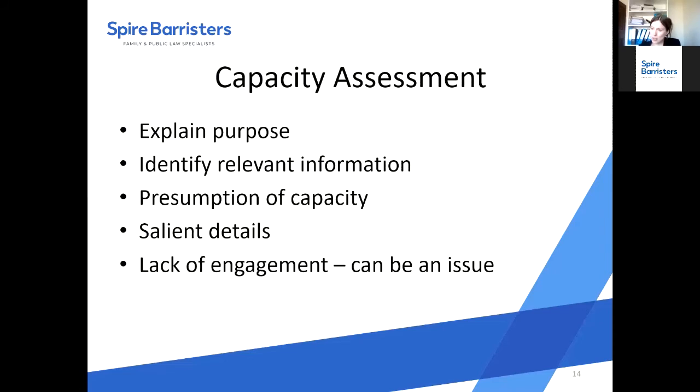So if you're concluding that they don't, why have you come to that conclusion? What has P said that makes you think that they don't have capacity? It's got to be that way round. I think I know where assessors are going with that, but I think the language is unfortunate, and it's important because it does tend to flip almost where the burden lies.